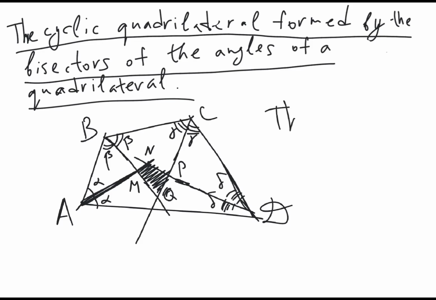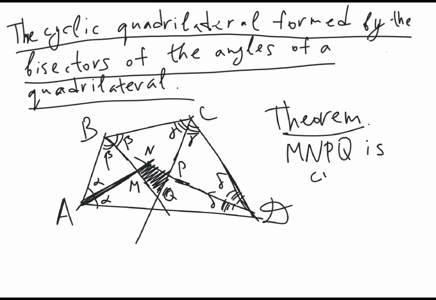the theorem says that MNPQ is a cyclic quadrilateral. And cyclic means that there exists a circle that passes through all four vertices of this quadrilateral.